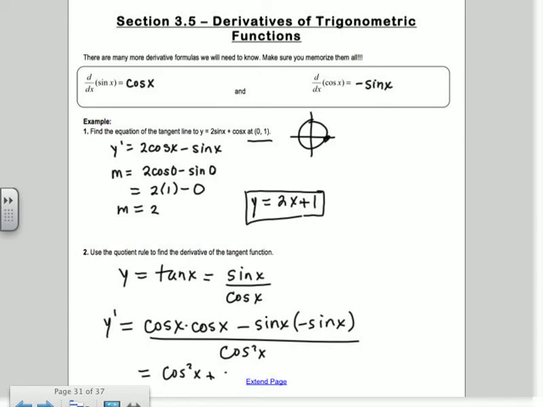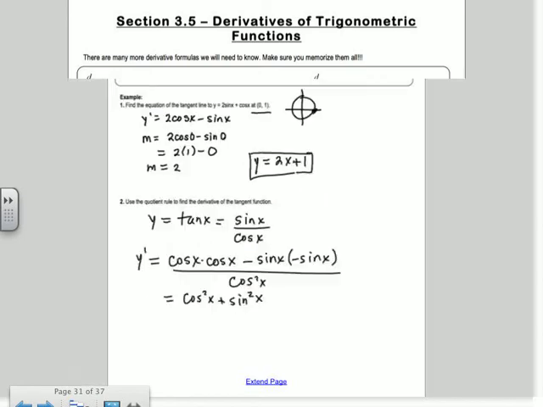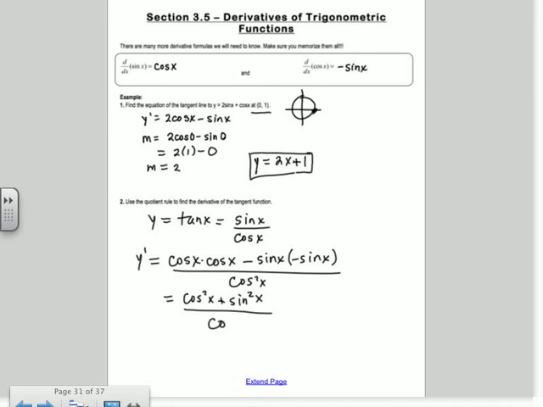So the top becomes cosine squared plus sine squared. Hopefully after a whole year of pre-calculus, you know that cosine squared plus sine squared is 1. So you get 1 over cosine squared x.